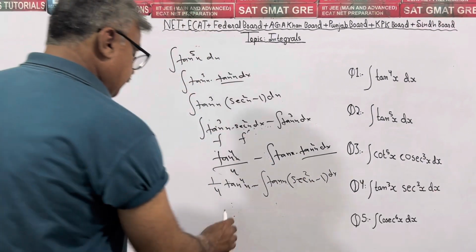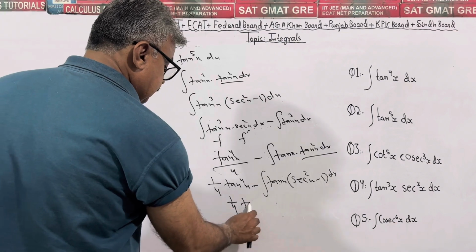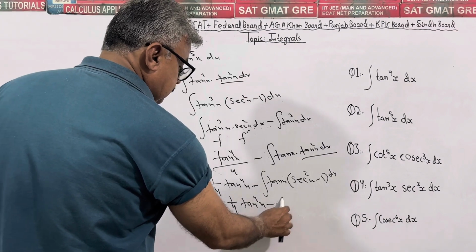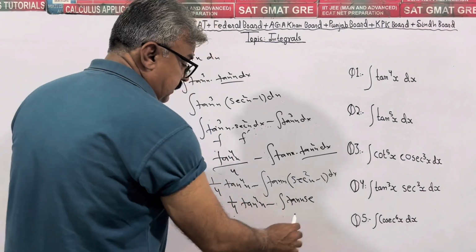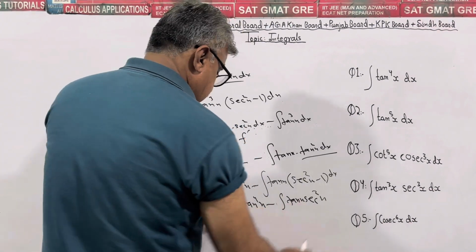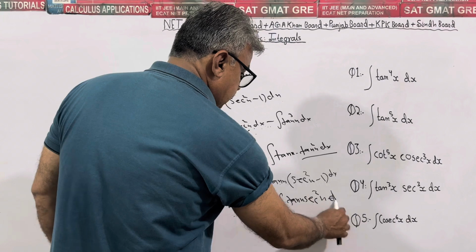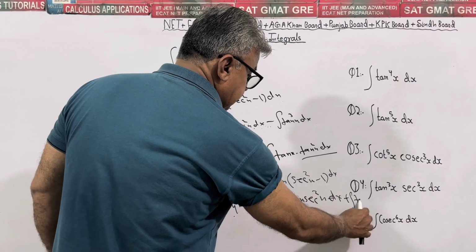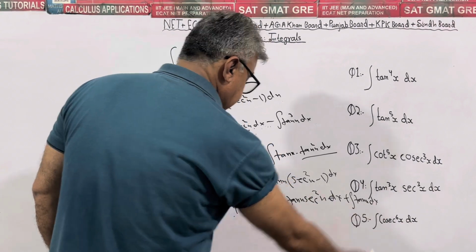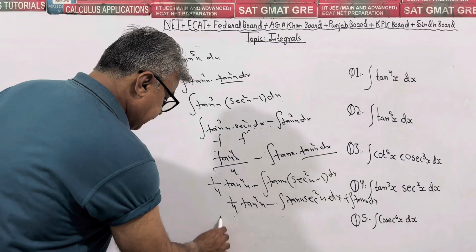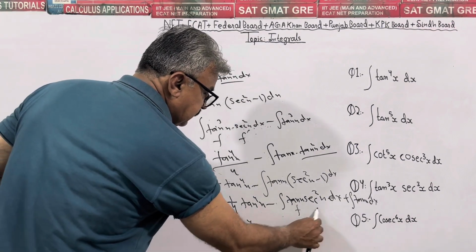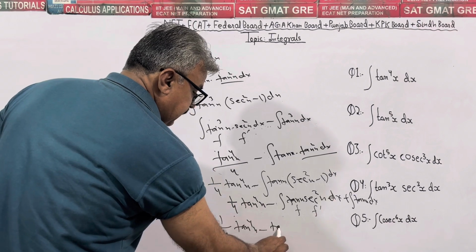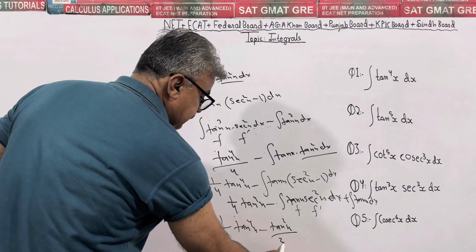Multiply tan throughout: 1 over 4 tan^4 minus tan times sec square x plus tan x dx. It is the same, already integrated: tan^4 x, function derivative, add 1 to the power of the function, divided by the same.